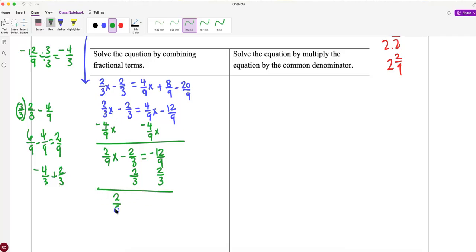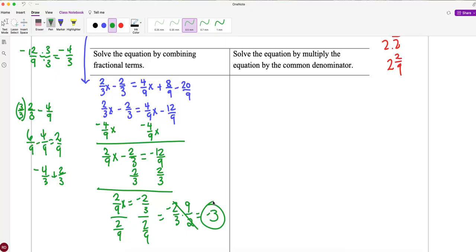So 2/9 x equals negative 2/3. Divide by 2/9. So my answer is negative 2/3 times 9/2, which is negative 9/3, which is negative 3.